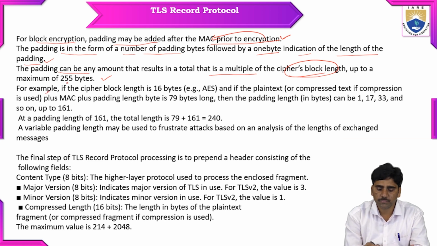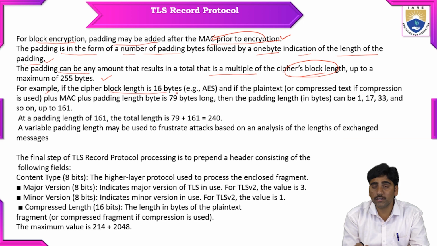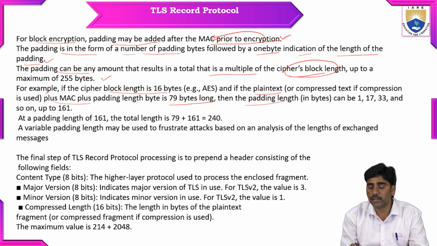For example, if the cipher block length is 16 bytes, and the plaintext plus MAC plus padding length byte is 79 bytes long, then the padding length can be 1, 17, 33 and so on, up to 161.